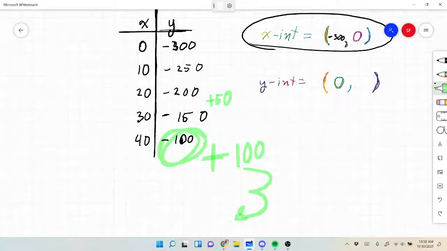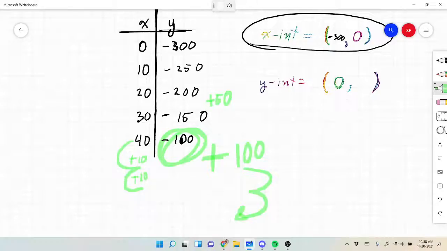Each step over here is 10, so 2 steps would be plus 10 plus 10. We're looking for the y-intercept, which is where... Oh, so 6. Okay, I get it now.